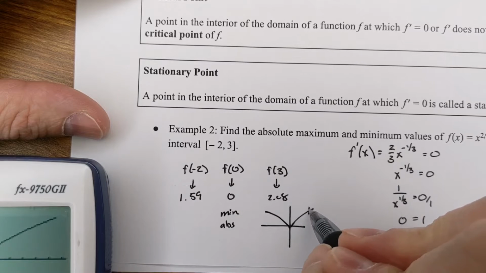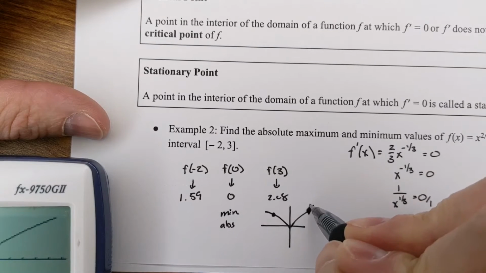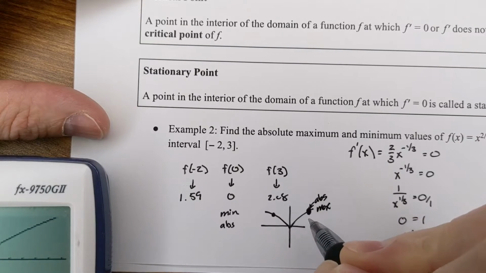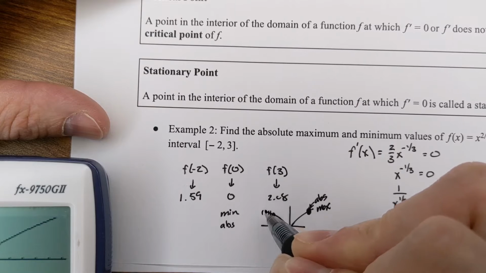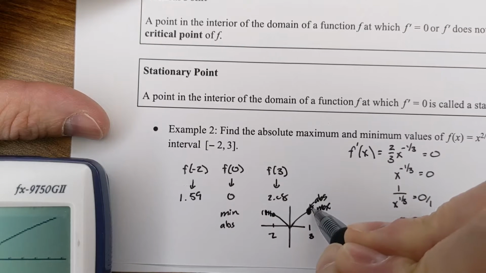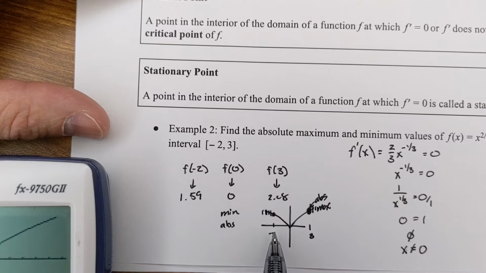At f of 3 here is the absolute maximum, because it is the largest the graph goes. If that's -2, this over here is +3. The graph doesn't exist, as far as I'm concerned, outside of -2 and 3. So -2 will be a maximum, but it's not the absolute maximum, because this value is higher up.